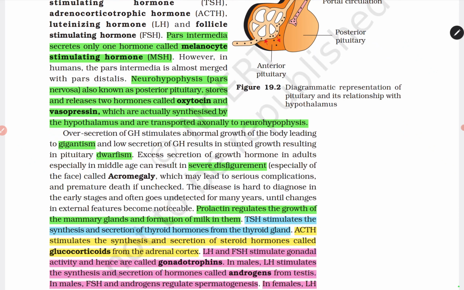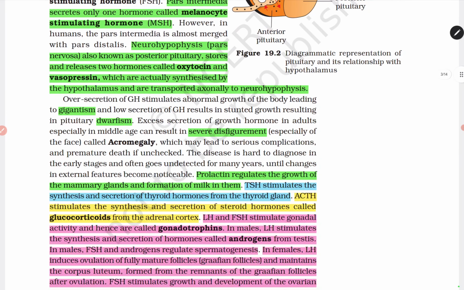Oversecretion of the growth hormone results in abnormal growth, that is gigantism, and lower secretion results in stunted growth, that is called dwarfism. And excess secretion of the growth hormone in adults, especially in middle age, results in severe disfigurement of the face, that is called acromegaly.